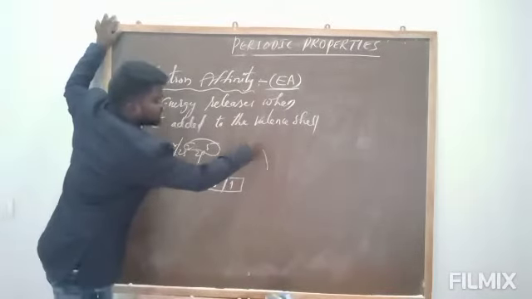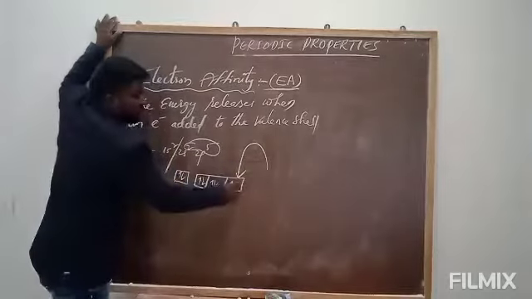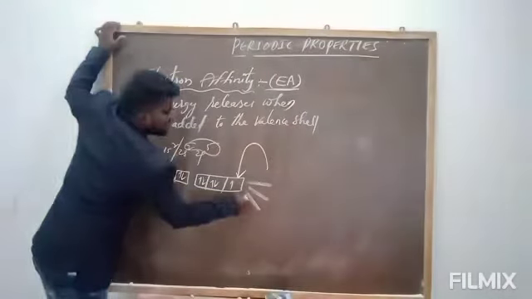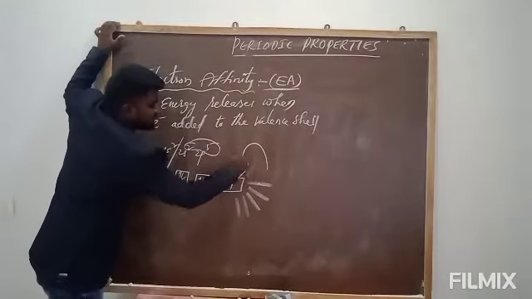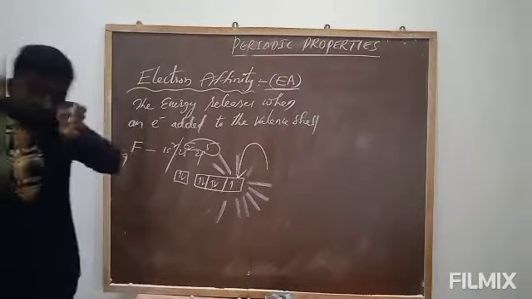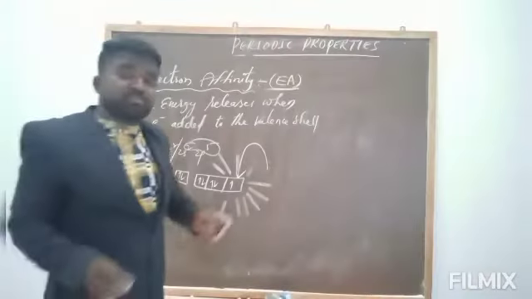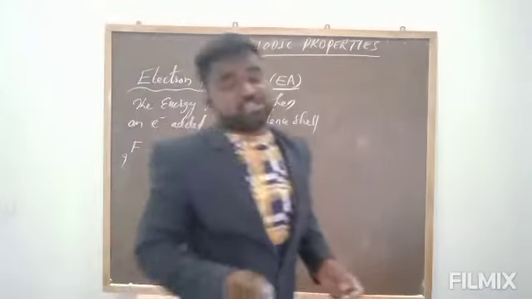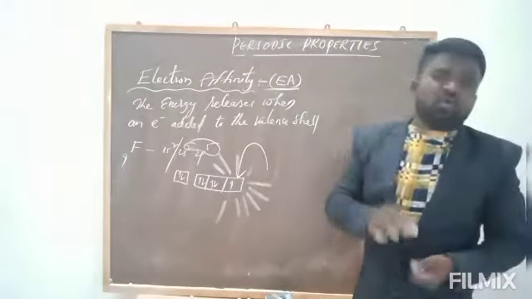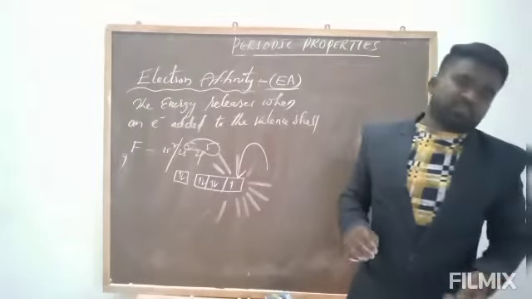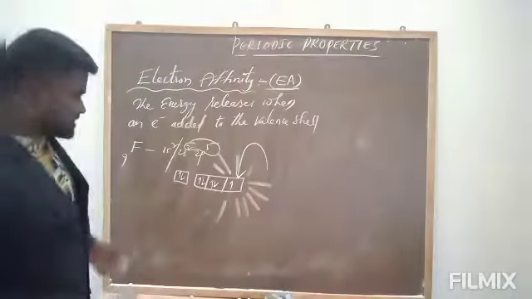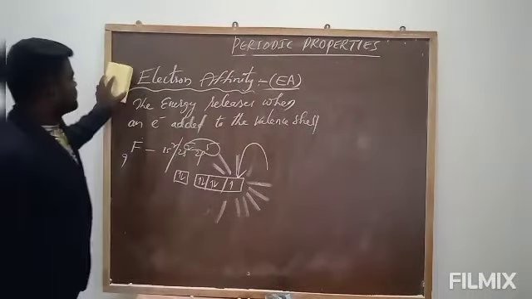So that 1 electron is going to be added here. At that time, some amount of energy will be released. That released energy is known as electron affinity. Ionization energy means required energy. Electron affinity means released energy. Don't get confused about the energies. Next, how it varies in groups and periods we will discuss.